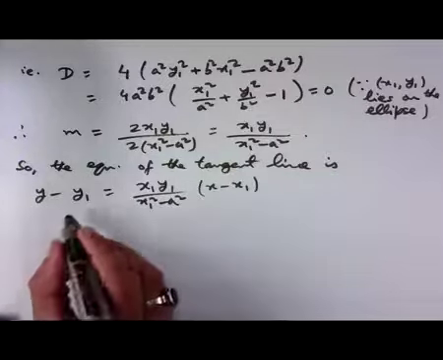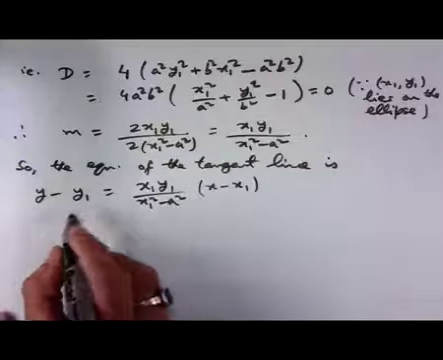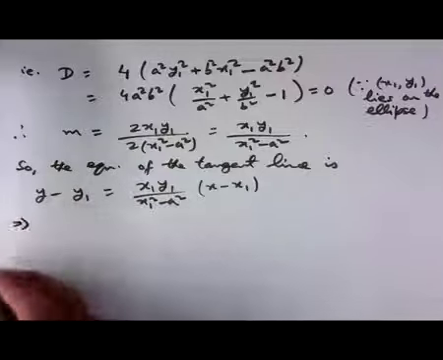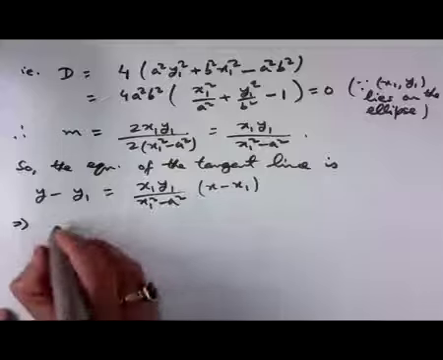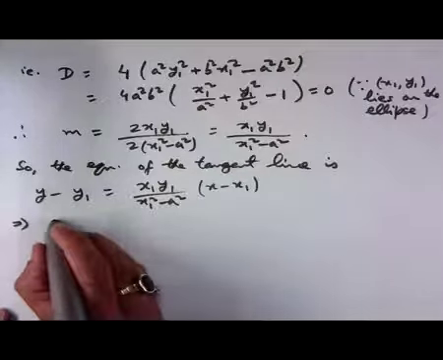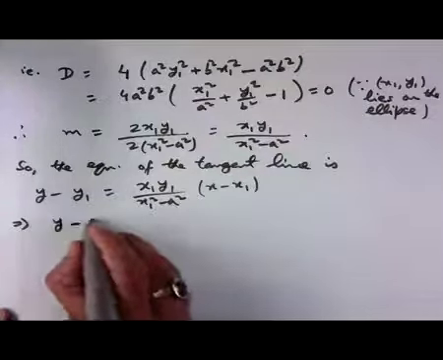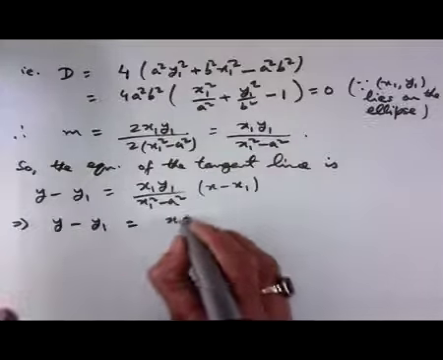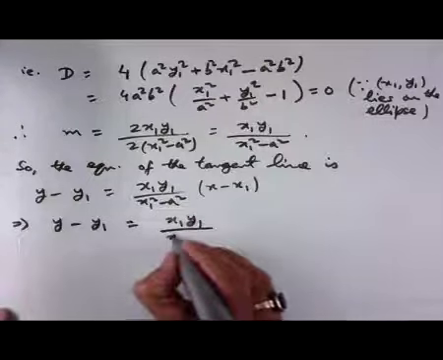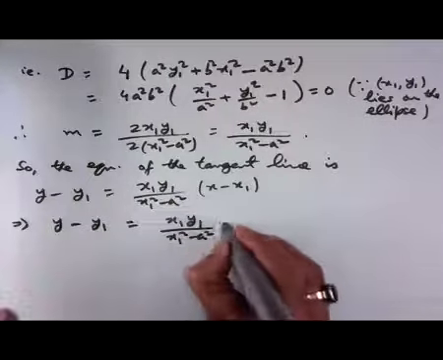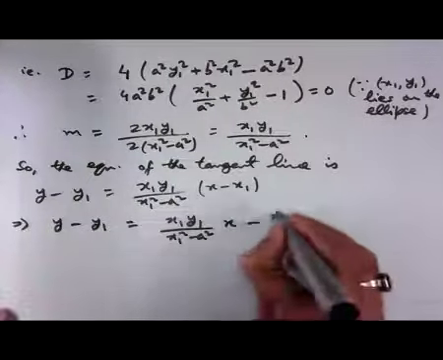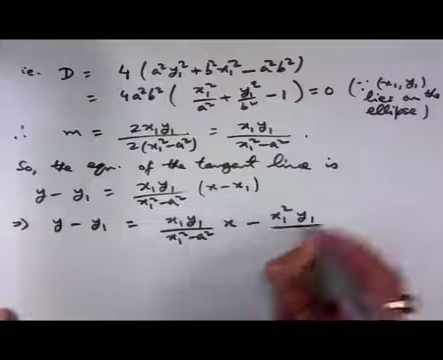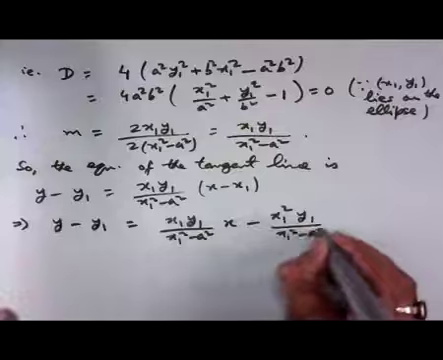And this gives y minus y1 equal to x1 y1 by (x1 square minus a square) times x, minus x1 square y1 by (x1 square minus a square).